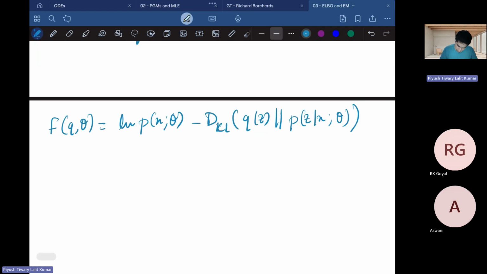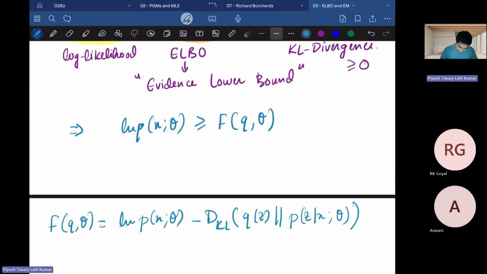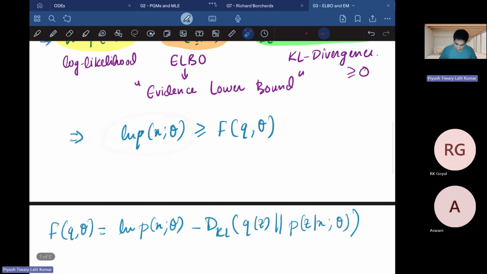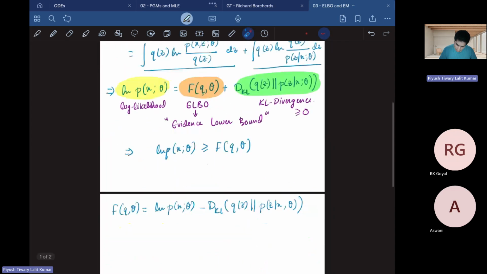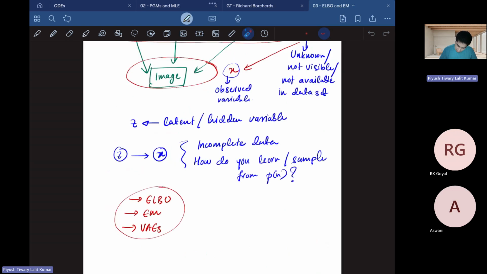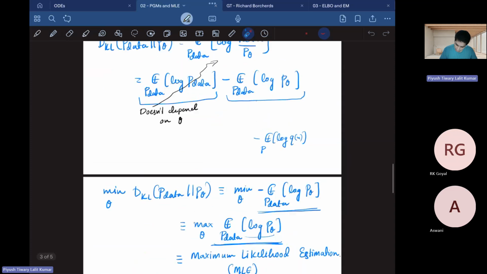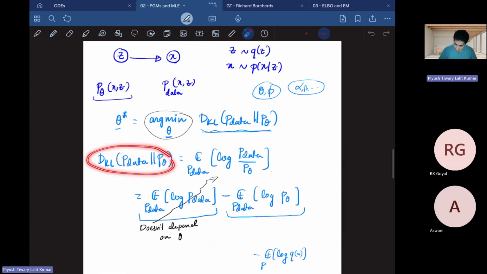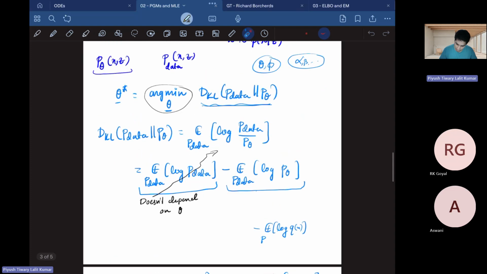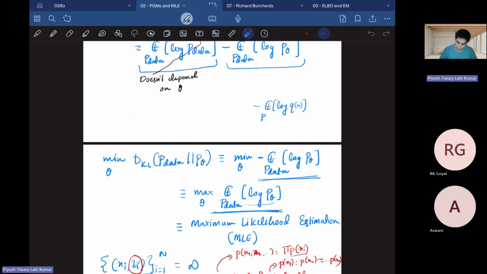So what do we want to do? We want to maximize the log likelihood. That is what MLE was also doing. Why? Because we saw that maximizing the log likelihood is equivalent to minimizing the KL divergence. This objective is what resulted in MLE, isn't it?